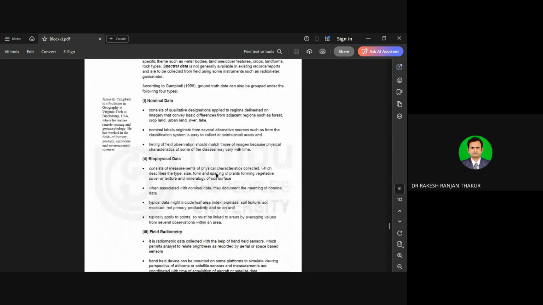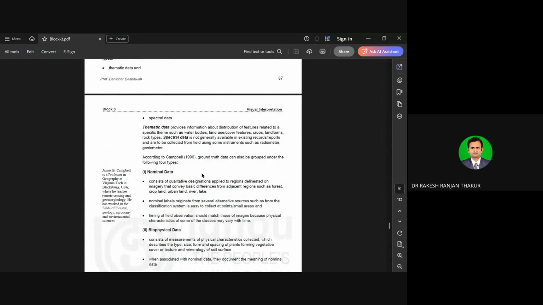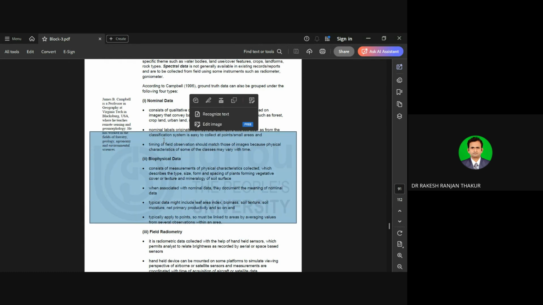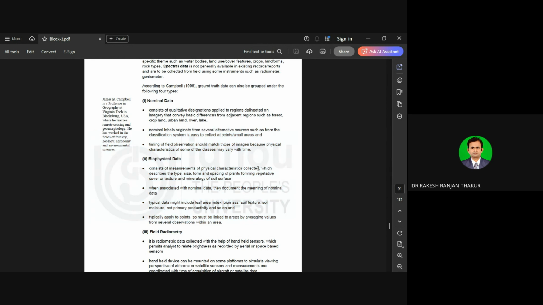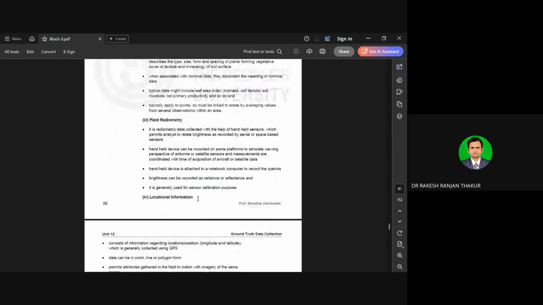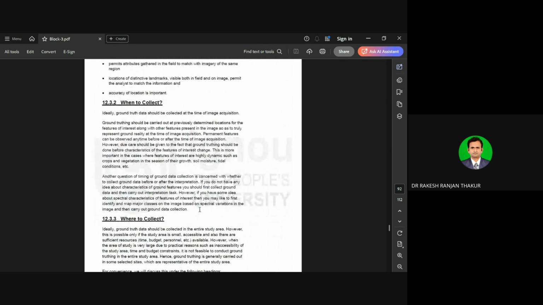Now it is showing what we collect and what we do. It totally depends on your project and what the requirement is. It may be biophysical data, it may be some other locational information, and when to collect also depends on the type of work.